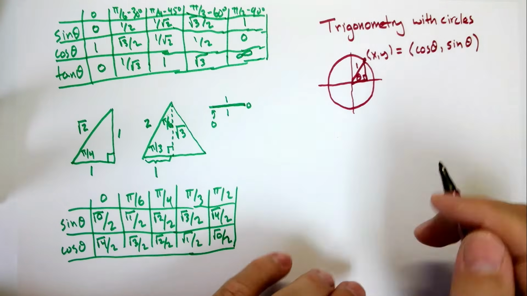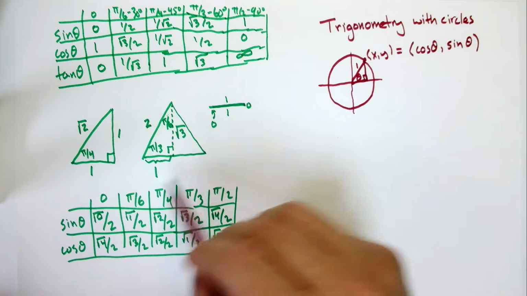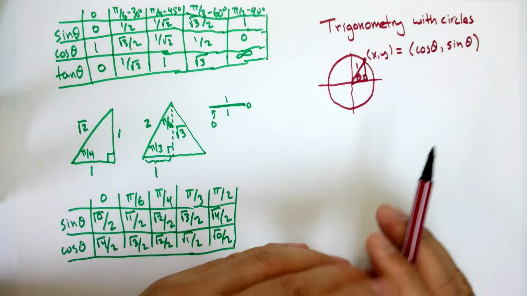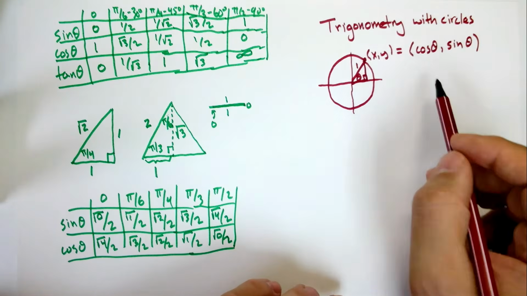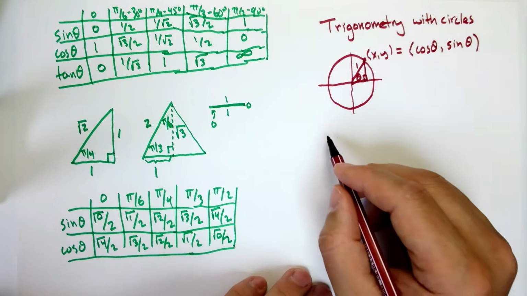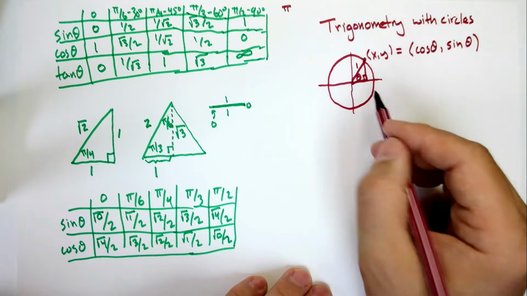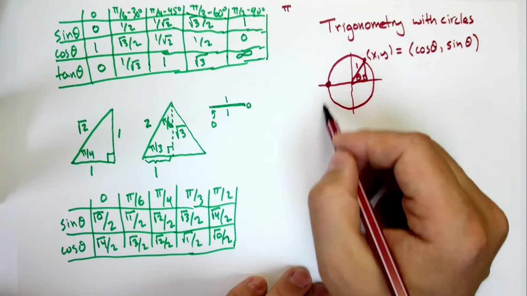So this is a really nice way. And the reason I say it's really nice is when we use triangles, it makes sense when our angle is between 0 and 90. But now we can do all sorts of angles. For instance, if I wanted to add to this list, suppose I wanted to do pi. Well, now, where am I when I'm at pi?